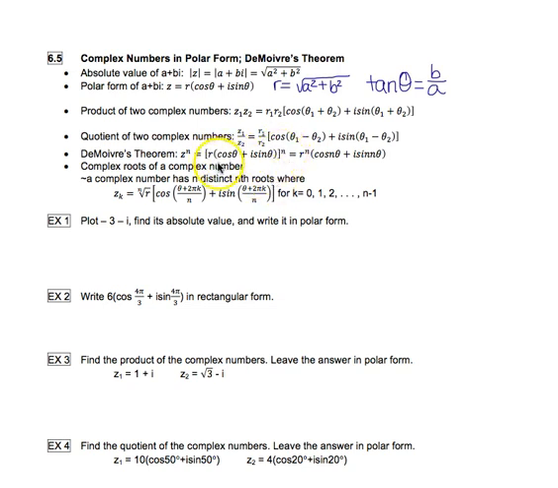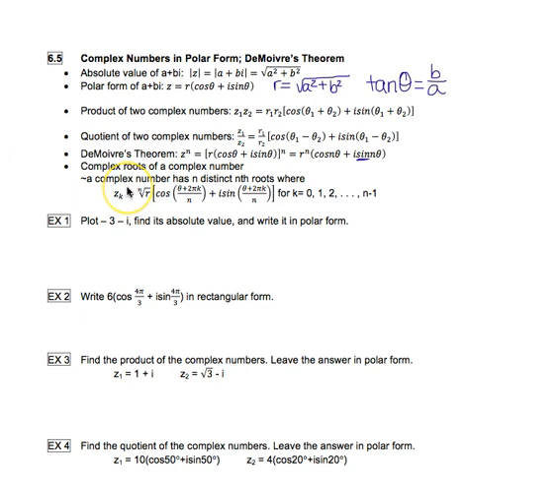And they are telling us that the way that we would take that power is to apply that power to the r part, and then the n actually goes onto the theta as a product. So here you can see, sometimes it gets lost in there, but it's sine n theta. It's hard to see sometimes since we've got two n's in a row there.